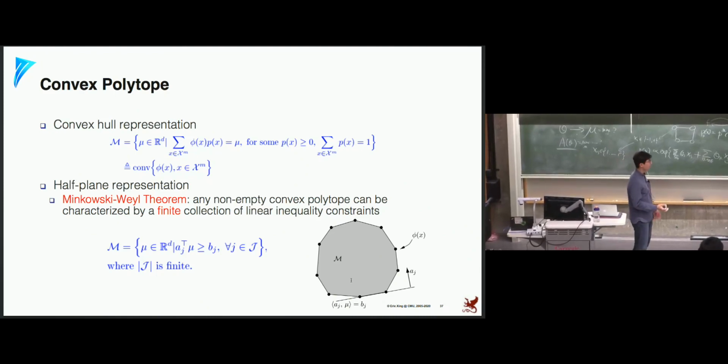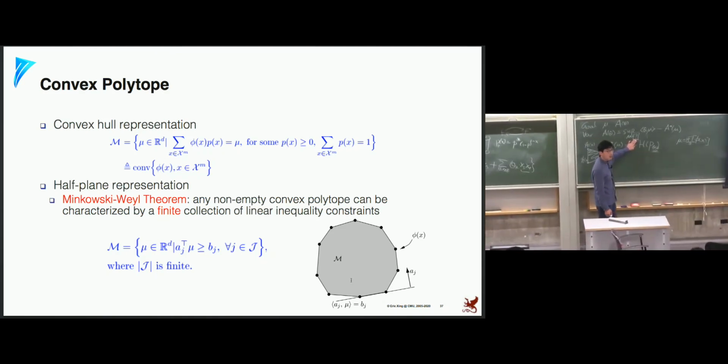And the theorem says if you have a finite non-empty convex polytope, you can represent this as a finite set of linear inequalities. So what this is saying is this set here is a marginal polytope, which is a convex set, and you can represent this as a finite number of linear inequalities.